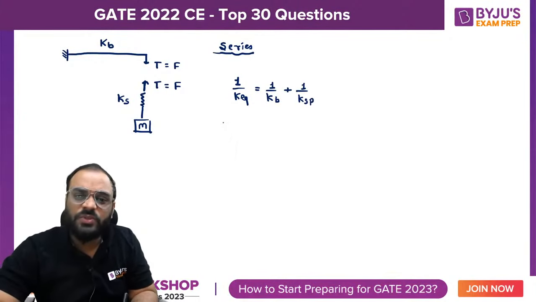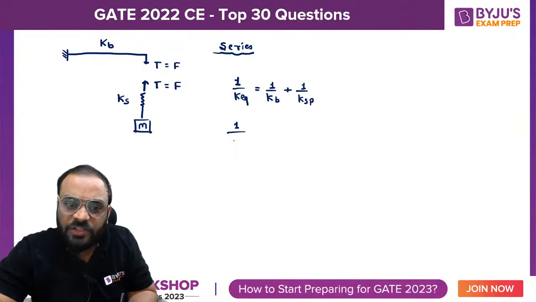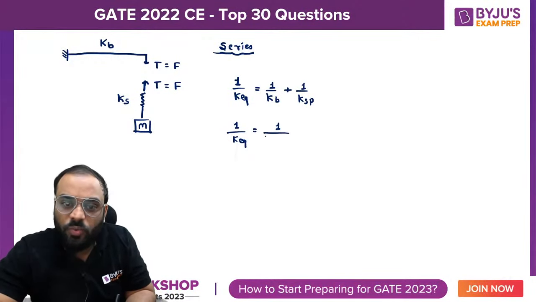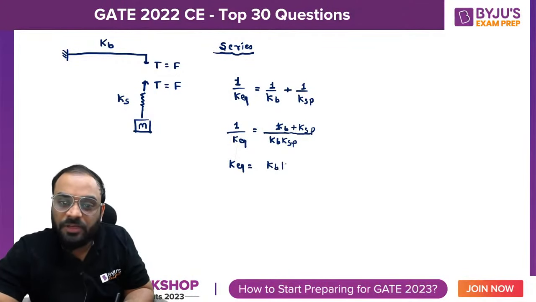Solving it, we get 1 by K beam multiplied by K spring, and this becomes K beam plus K spring. The final value is K equivalent equal to K beam into K spring divided by K beam plus K spring.